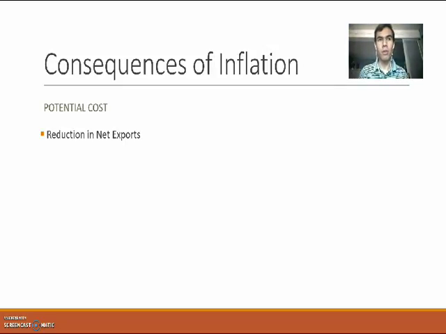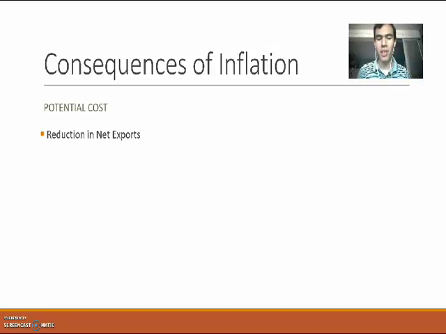If we look around the world, maybe other countries don't have inflation, therefore their products are not becoming more expensive, right? If I'm an international buyer and I see that in the country I used to buy from the prices are going up, maybe I will think that I should go to another country to buy the same product, right? So many buyers actually do this, and the country with inflation will export less. Therefore, we will see a reduction in the net exports.